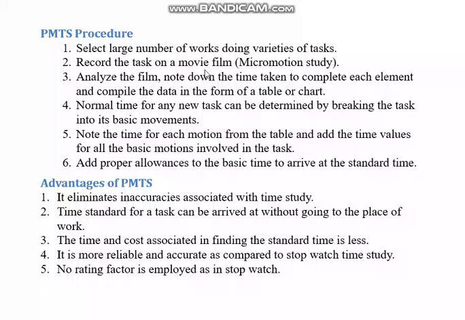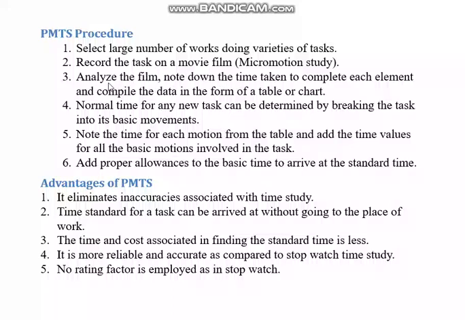And also, if you cannot see, what you can do is run it at half speed, or at a 25% speed, in slow motion. You can run the film, and then you will be able to see the task, how the hand is moving, how the hand is working on the job, and all those things.